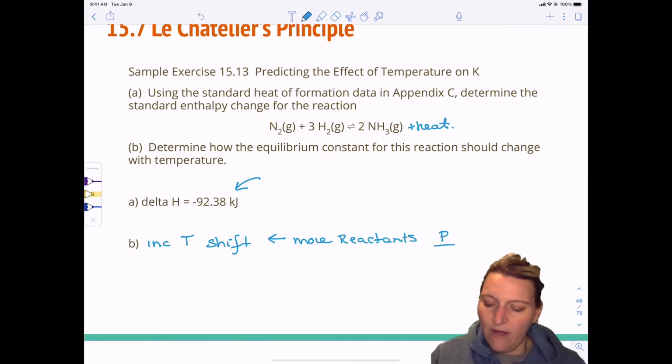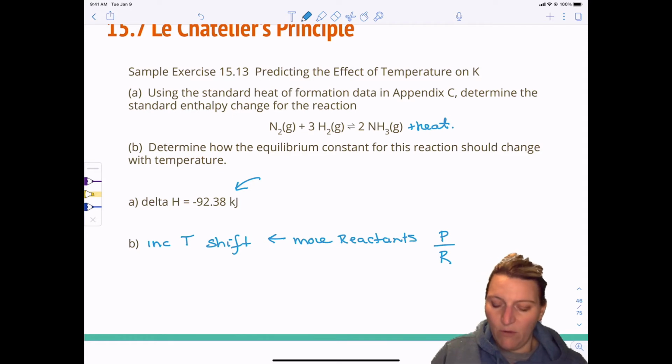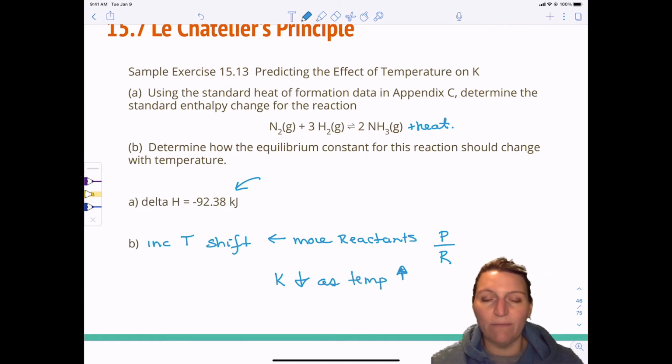If you think of the general equilibrium constant as being products over reactants, if the denominator becomes a larger number, then the value of the equilibrium constant gets smaller. So K would decrease as temperature increases. Remember, what changes the equilibrium constant is just temperature.